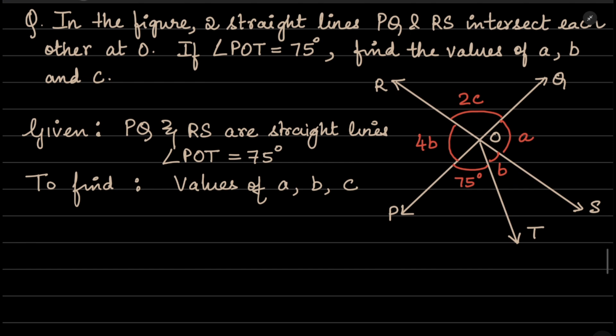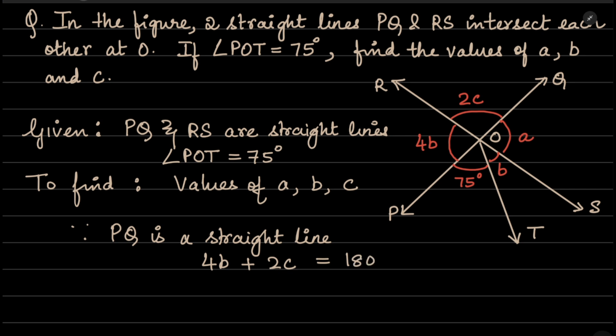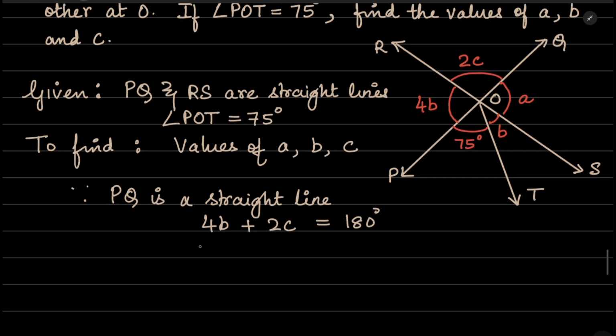So, let me write that since PQ is a straight line, therefore 4B plus 2C is equal to 180 degree, and I also can say that 75 plus A plus B is equal to 180 degree.